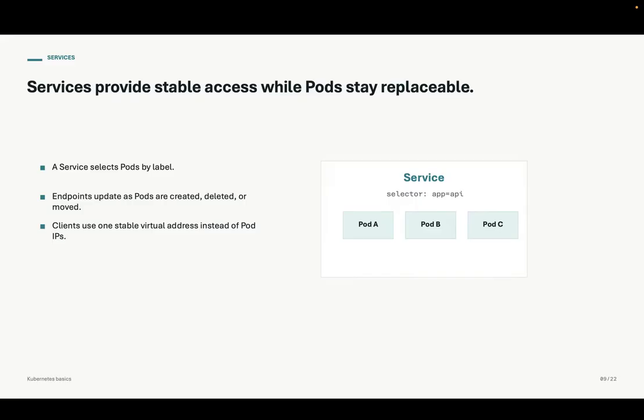So the core pattern is the pods are always replaceable and services provide the stable access to those groups. It means that the applications which are consuming these services can rely on the service name instead of tracking the individual pod IP addresses.